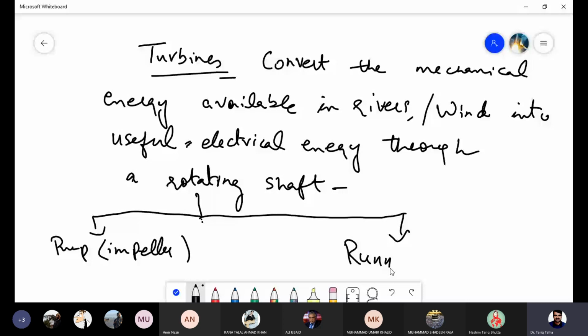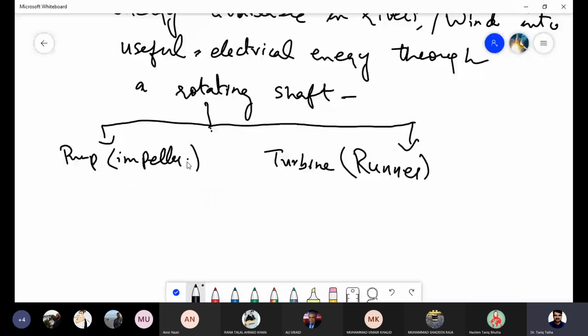So this is different terminology that whenever we would talk about the rotor of a turbine, then we would say that it is a runner. But in case of pump, we call it impeller for the centrifugal pump and propeller for the axial pump or fan. Impeller or propeller, right?